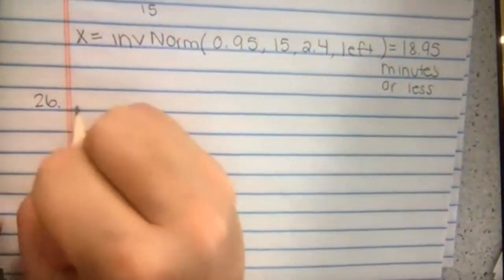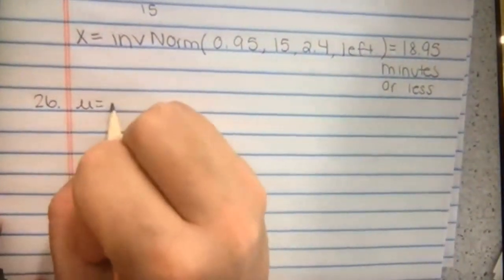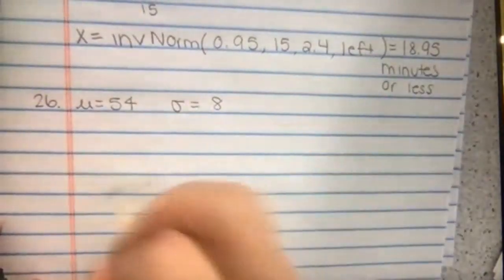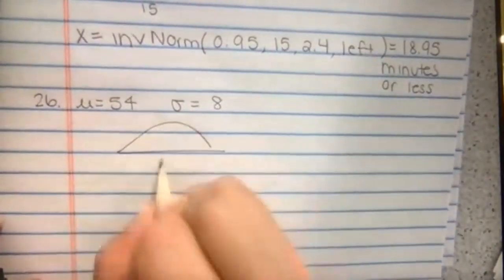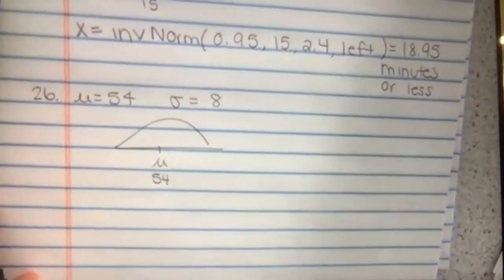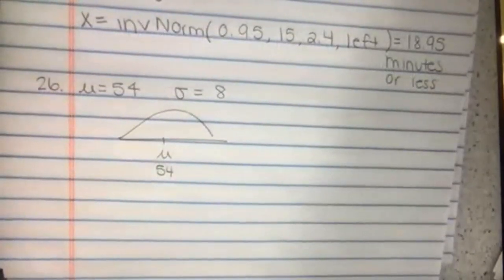So number 26. They told us in the problem that our mean is 54 and our standard deviation is 8. So drawing our picture, in the middle, our mean is 54. It's asking us what our warranty period should be.